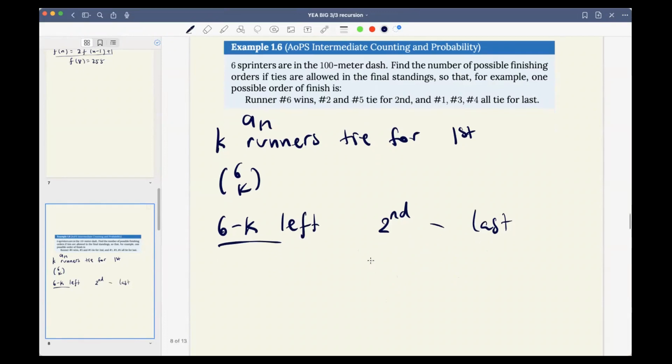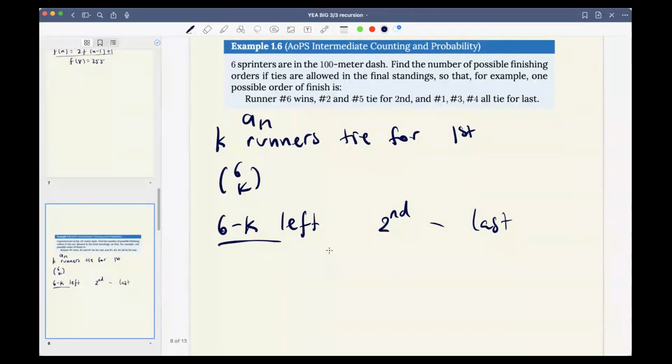There's no real difference. You can just imagine them all shifting. So this is exactly the same condition that we had earlier. We're still allowed to have ties and everything else. And essentially the number of ways that we can fill this in is just going to be A of n minus K, or 6 minus K in this case.